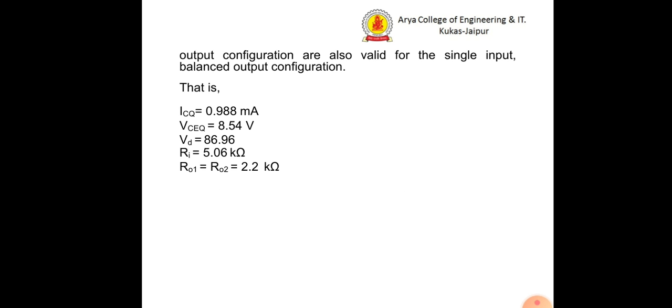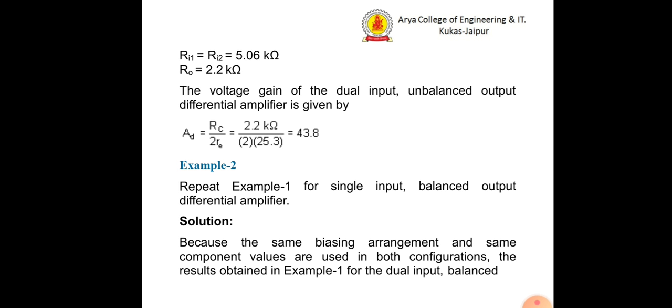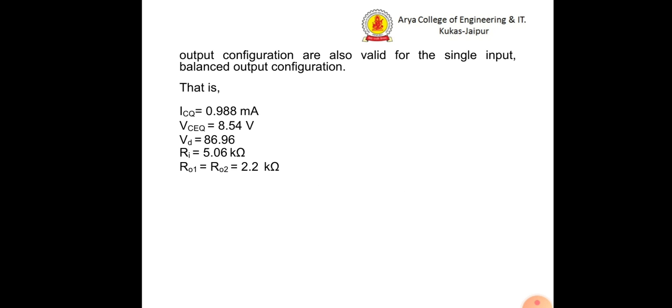Since the same biasing arrangement and same components are used as in example 1, what was found for the dual input balanced output configuration is also valid for the single input balanced output configuration. So the values of IC, VCE, VD, Ri and Ro are like this.